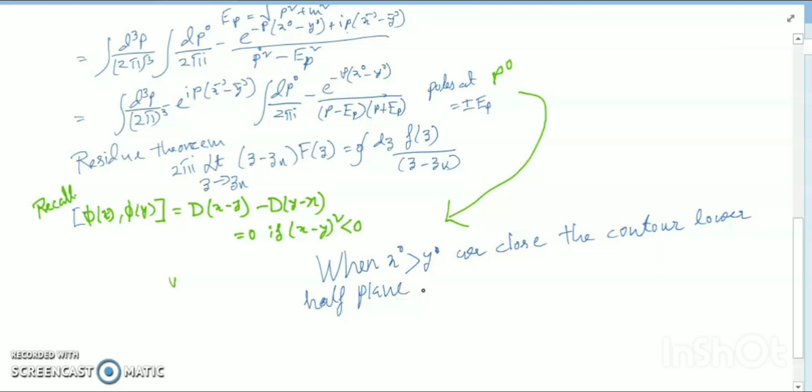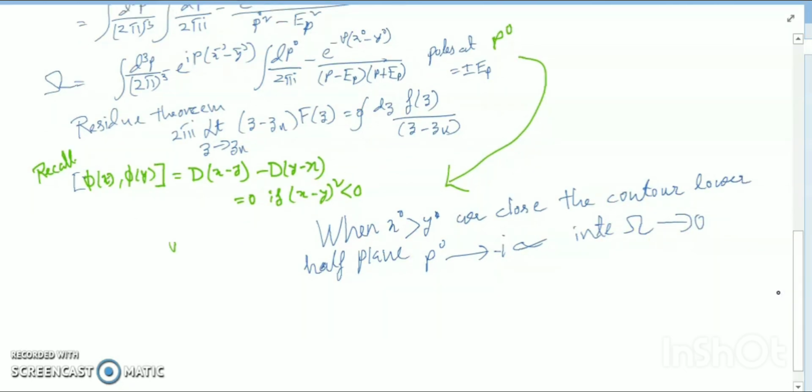So then we get p0 tends to minus i infinity, and the integration vanishes. Suppose I write omega, so the integration as omega tends to infinity goes to 0.